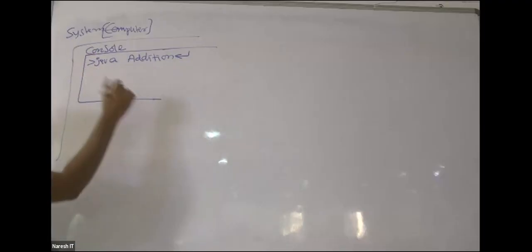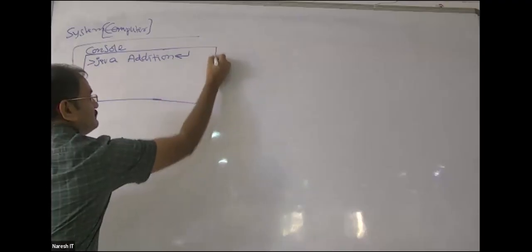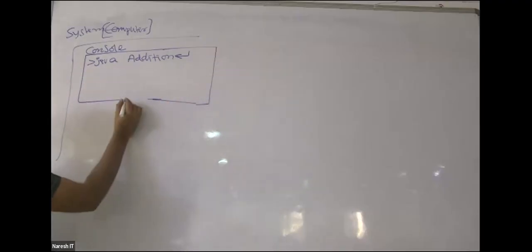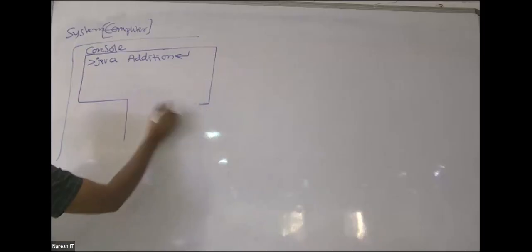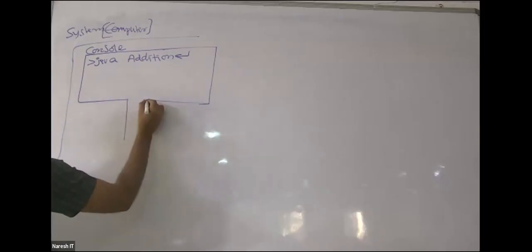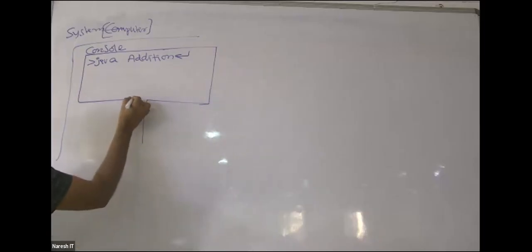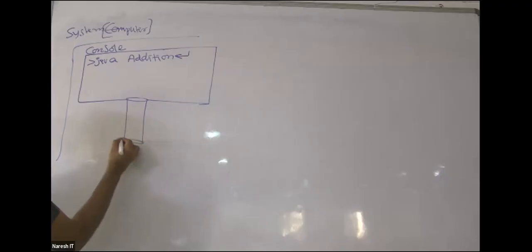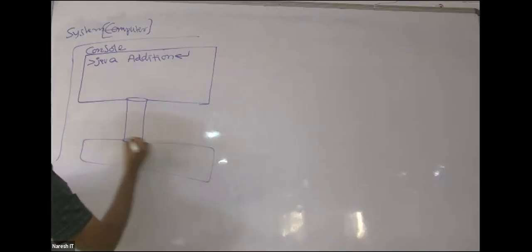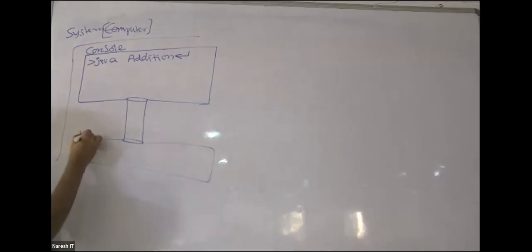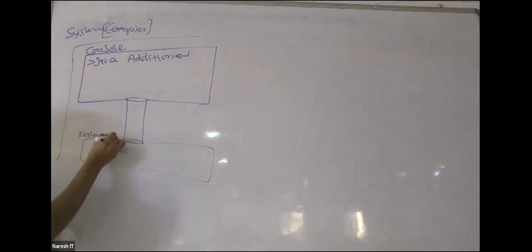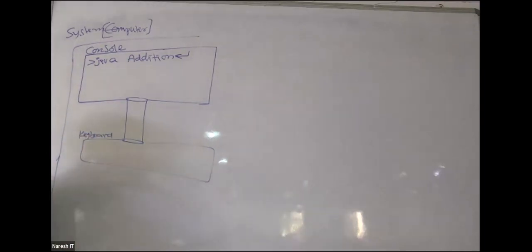This console will implicitly be connected to the keyboard. Who will connect? Not you, the system. The system in the background connects to the keyboard. When you start the system, you are giving the plug, right? So your CPU plug is automatically connected to the background console. This is a wire connection or internal connection; we don't worry.